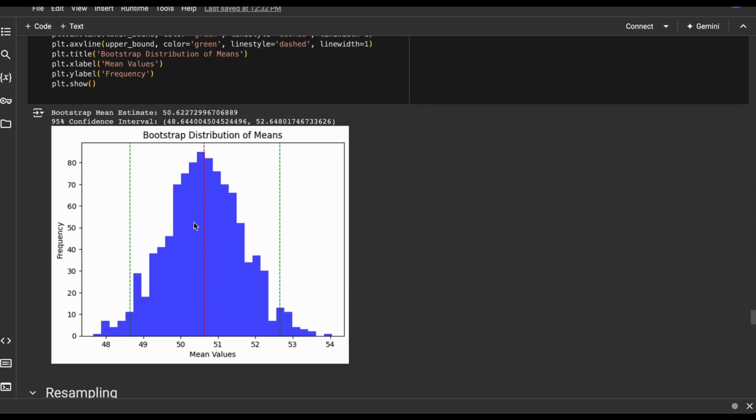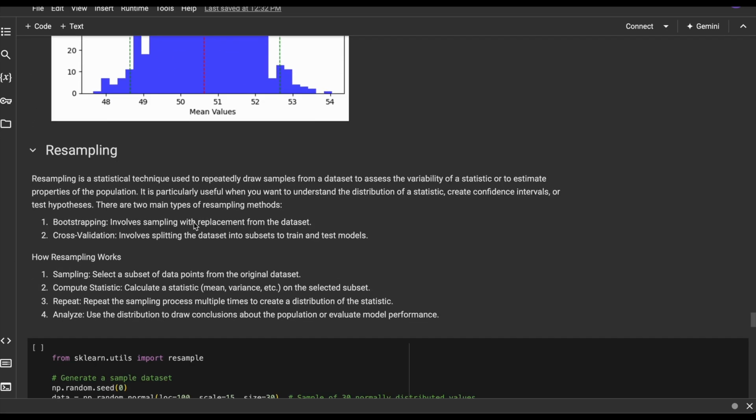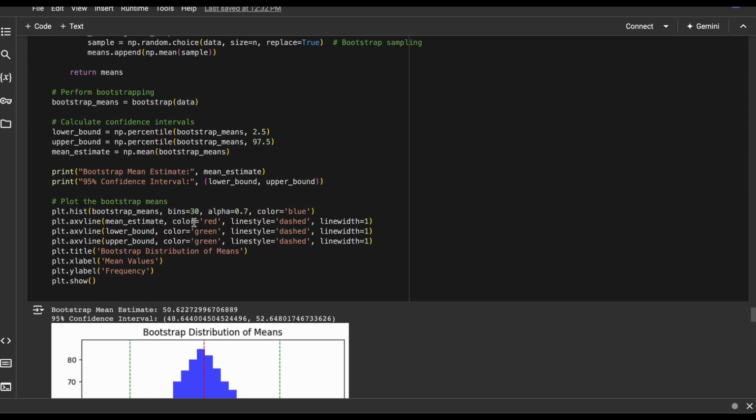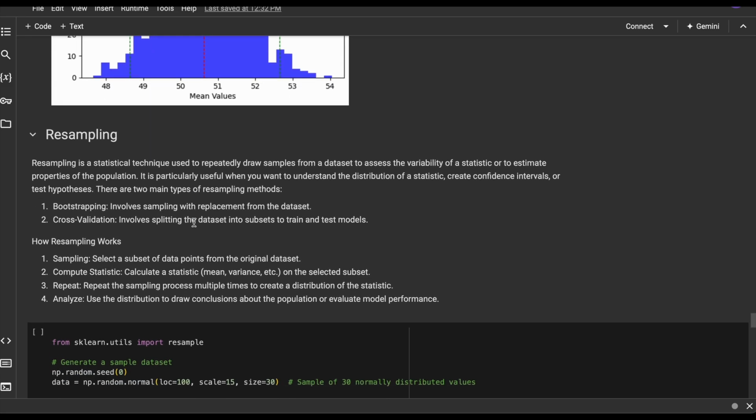Resampling is another statistical technique used to repeatedly draw samples from a data set and perform analysis on the samples. It includes methods like bootstrapping, cross validation, and permutation tests.